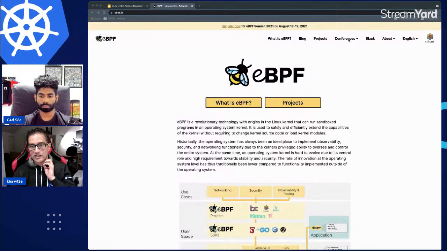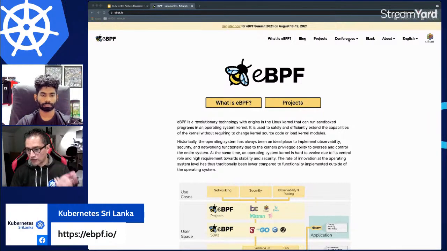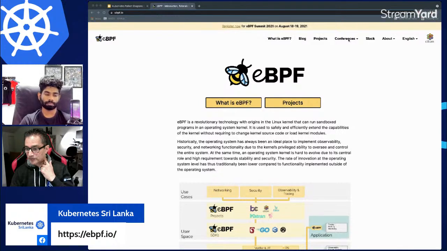And the reason I'm saying this is Falco, Aquasec, Sysdig, and others are looking at using eBPF to actually do observability. I hope that answers the question, Nilesh.